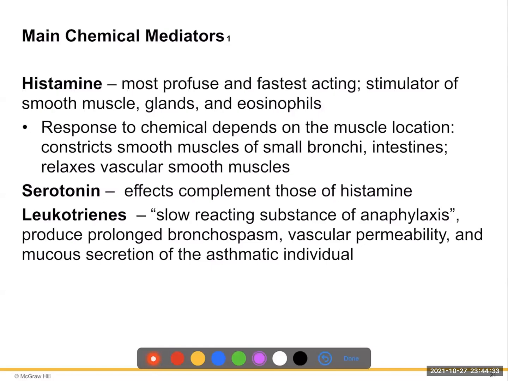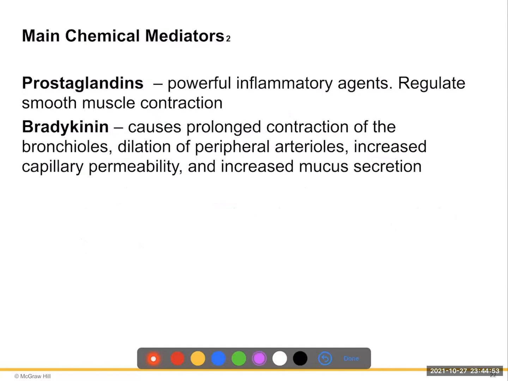Okay. Serotonin works in a complement to those of histamine. The leukotrienes are slow reacting substances of anaphylaxis. Okay. They produce prolonged bronchospasm where the lungs constrict and don't loosen back up. Vascular permeability and mucus secretion of the asthmatic individual. The prostaglandins, powerful inflammatory agents, regulate smooth muscle contraction.